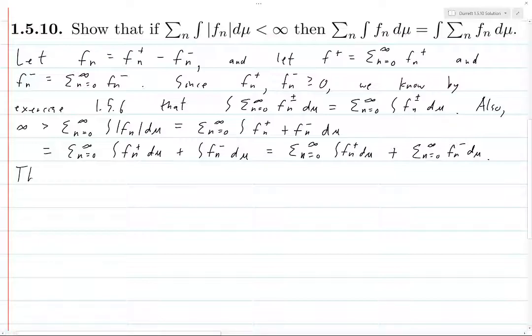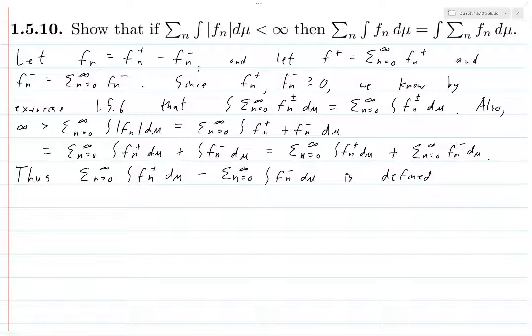because this tells us that the sum from n equals 0 to infinity of the integral of f_n plus d mu minus the sum from n equals 0 to infinity of the integral of f_n minus d mu is defined. Because if both of these were infinity, then we couldn't do the subtraction.